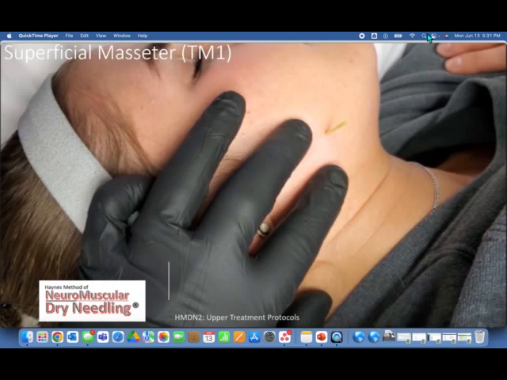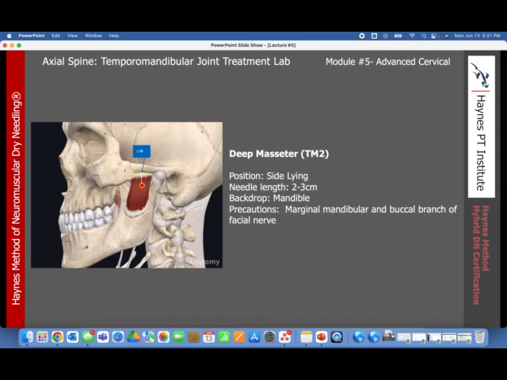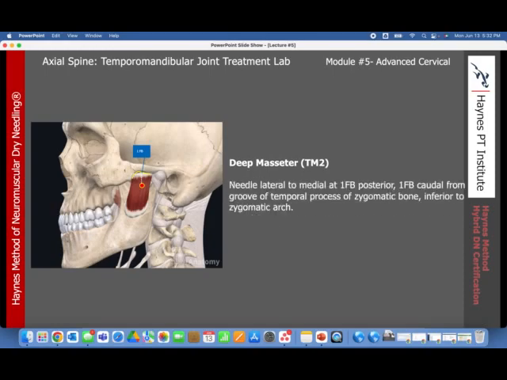That's a big needle. Okay, so that's the superficial masseter, and then let's move into the smaller, more cranial, deep masseter.